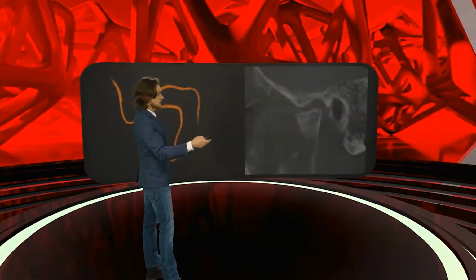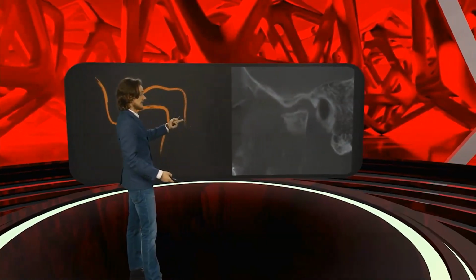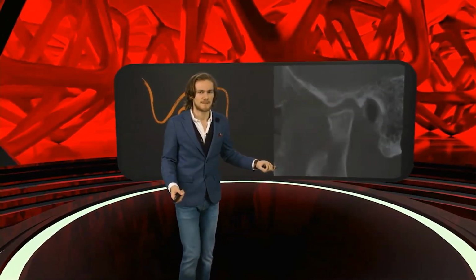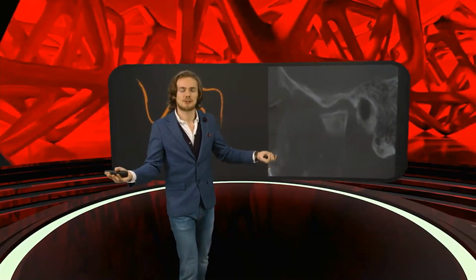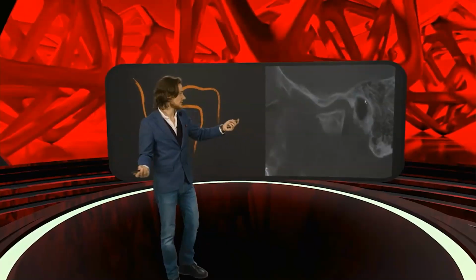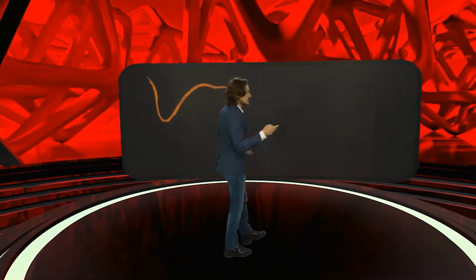And on the other hand, this is not a patient of mine, this is a huge condyle. But this patient is not a healthy person. It's not just his nature, because this is a symptom of some general disease.